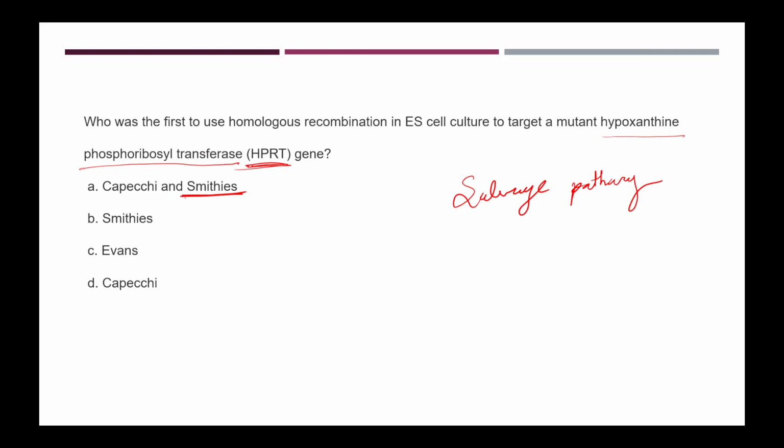And after the Evans and Matthew Kaufman discovery, he employed this HR in the embryonic stem cells and targeted this mutant hypoxanthine gene to a functional HPRT gene. Okay, so the correct option is, check it. So he was the one. So the correct option is B.